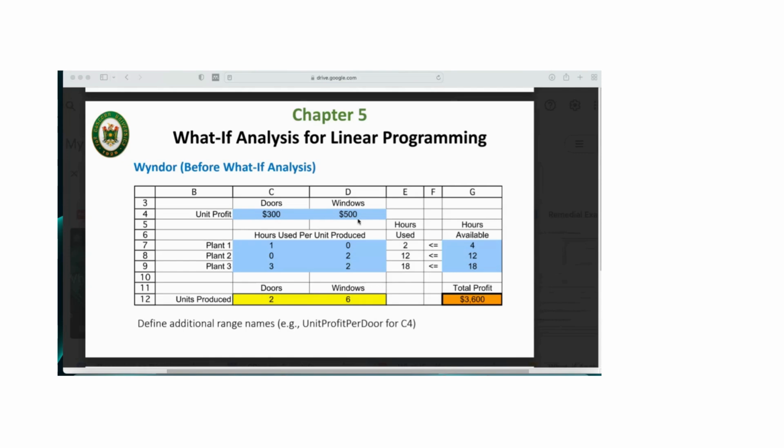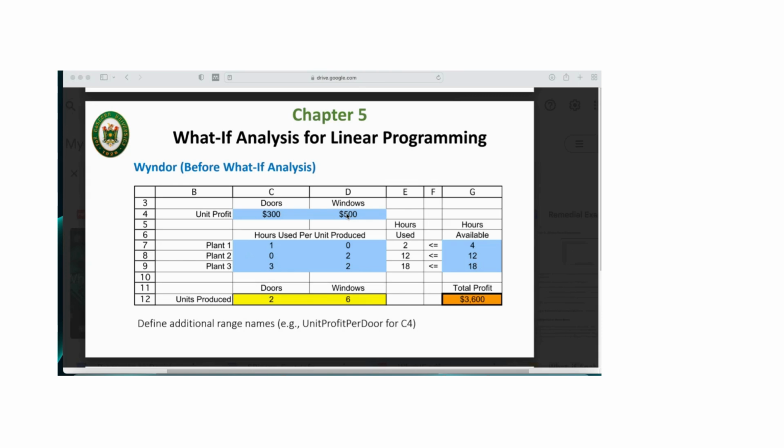Let me repeat, the algebraic equation is expressed as 300 times D plus 500 times W. So we have the coefficients 300 and 500 as our parameters on this model.